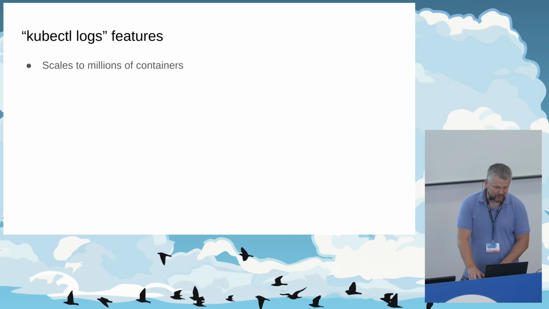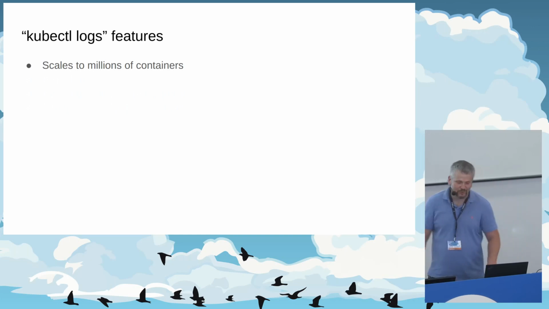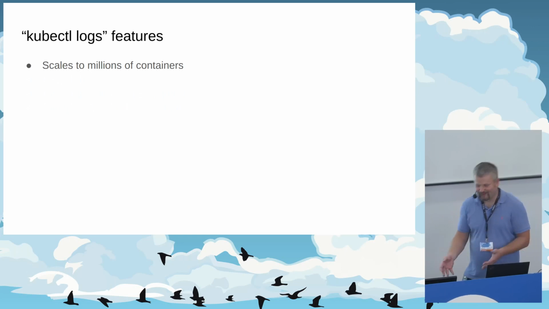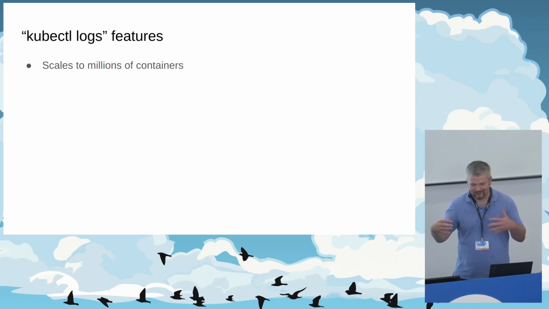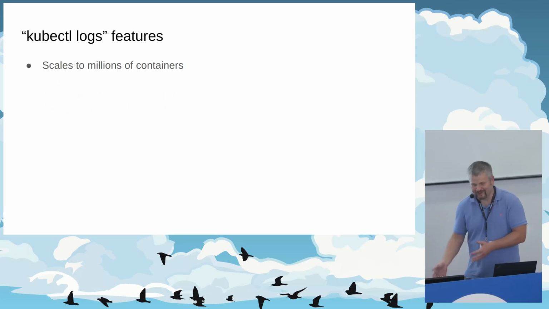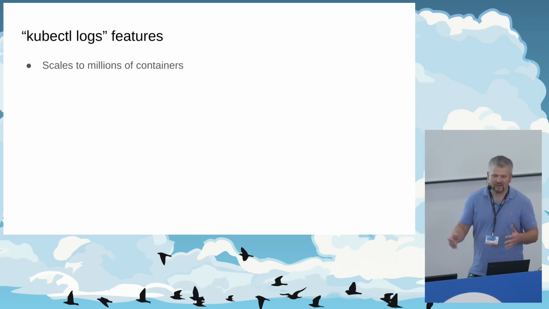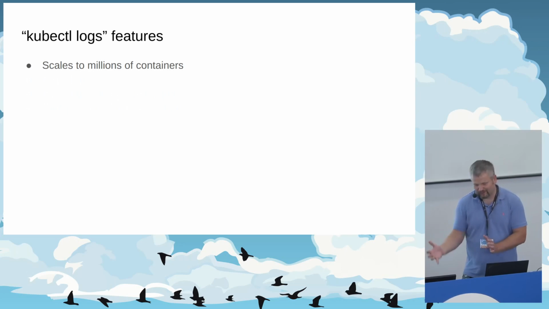The features of kubectl logs are: the first feature is that kubectl logs scales great to millions of containers because for every container it just stores logs into local files on the local node. This means that the number of log files is limited on every node.